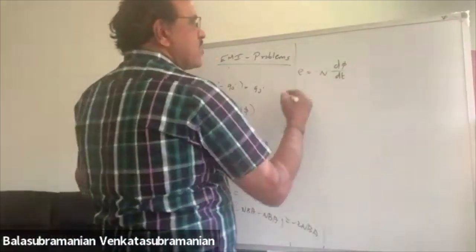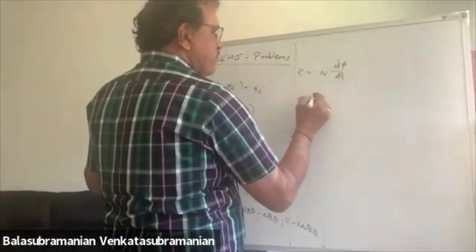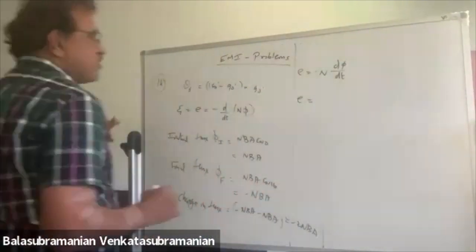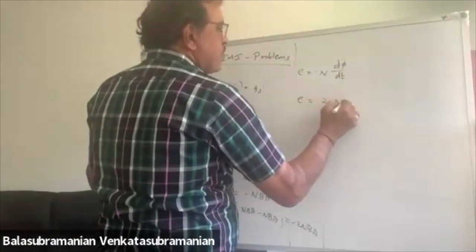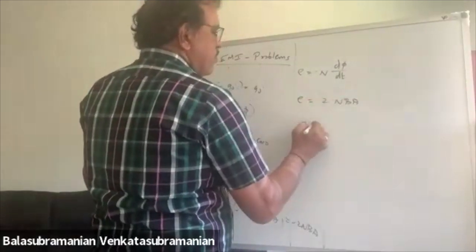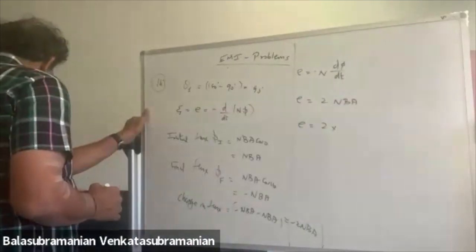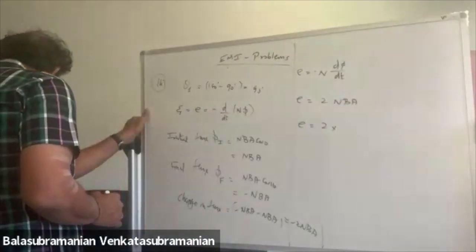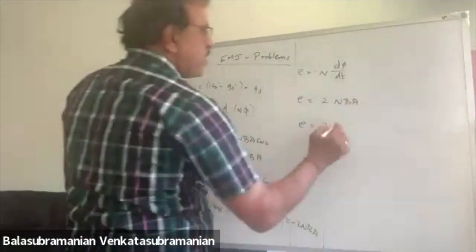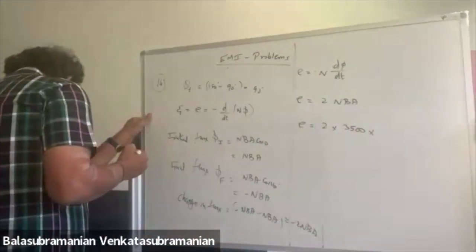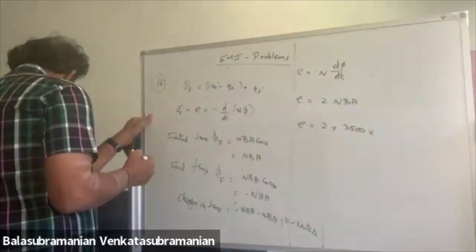Here one minus, so it will become plus. 2 NBA is E. 2 into the number of turns given, 3500 turns, into magnetic induction value 0.4 Tesla.